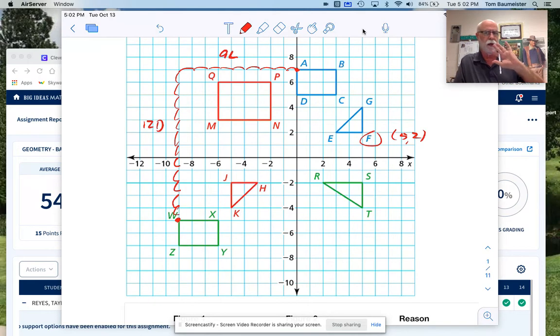Now, I kind of want to think. Remember, I told you to look at rotation, reflection, translation, and dilation. Well, it's not getting bigger or smaller, so we know it's not a dilation. So again, if I look at that one there, that's going to correspond to this J here. And that J there is at what? -5 and -2.